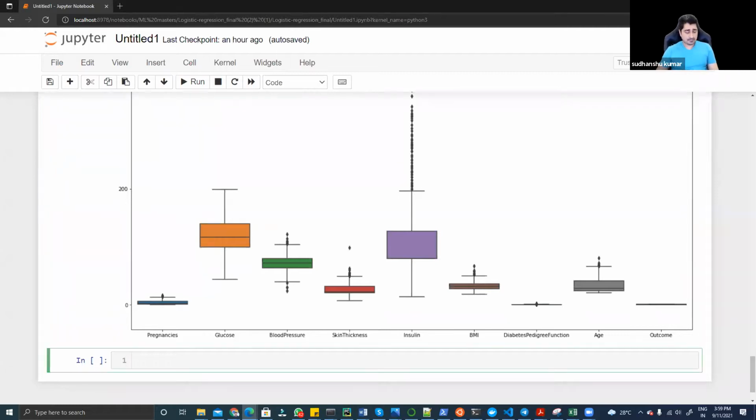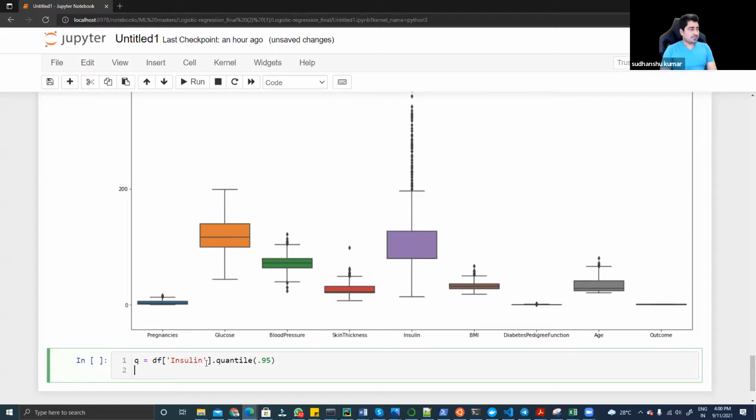So here we can create a variable called Q, using the data frame: insulin dot quantile, and maybe we can remove 5% and keep 95% over here. So we give this quantile equal to 0.95. That's completely fine. Now what will we do with this? We can use this for filtering out the results.